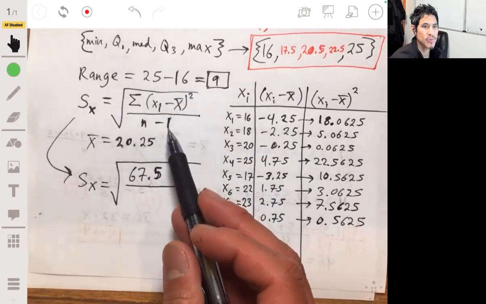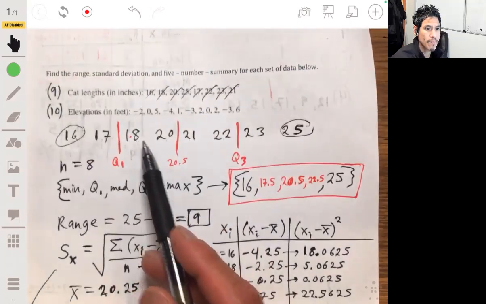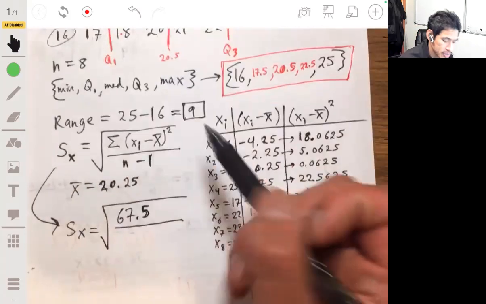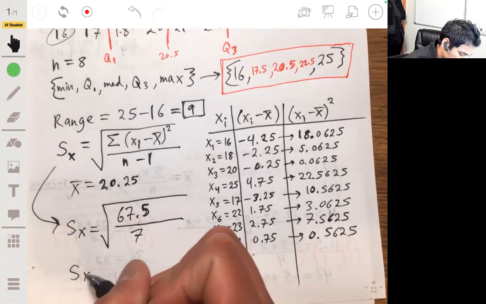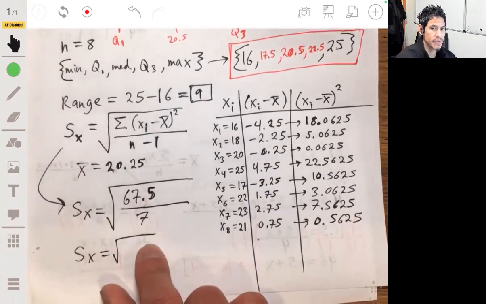Divided by n minus 1. N is the sample size, which is 8. So at 8 minus 1, we're going to divide this by 7. Now don't make the mistake of square rooting before you divide.